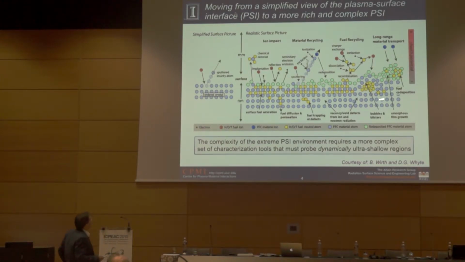And in particular for us, our interest is not just seeing these changes in the prompt time scales, but more importantly, as cumulative changes on the surface occur on time scales of minutes to even hours, we'd like to see how this evolution evolves.